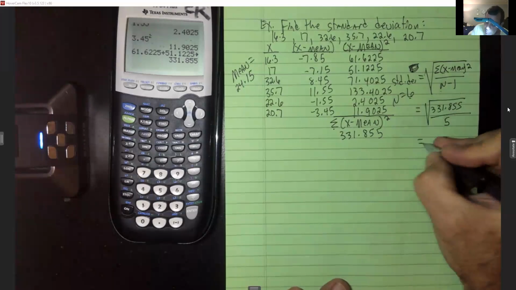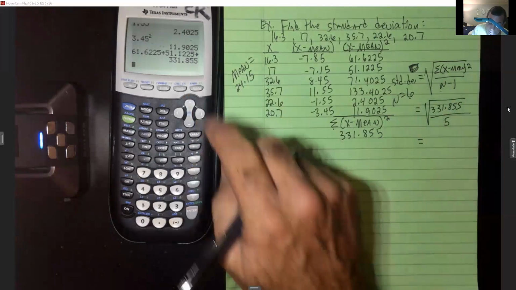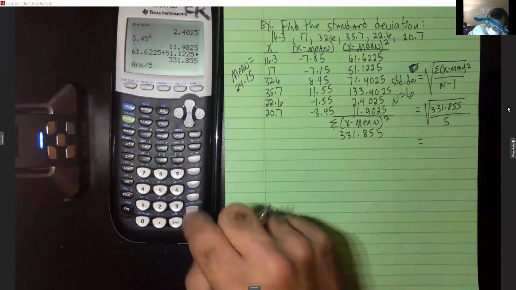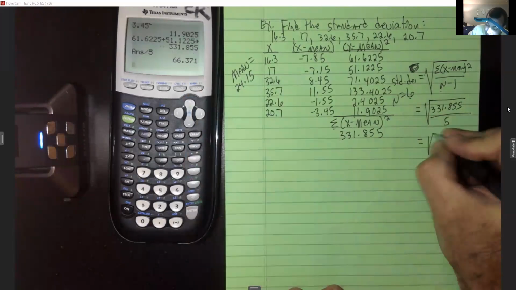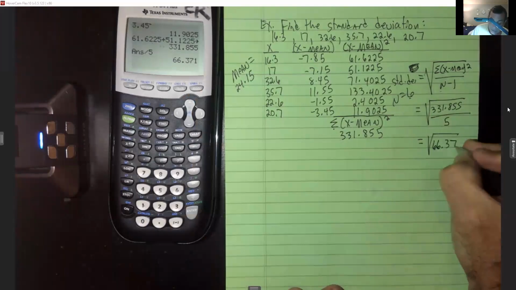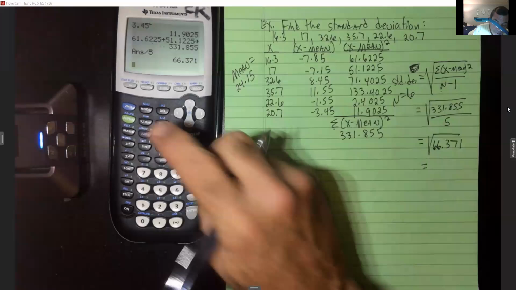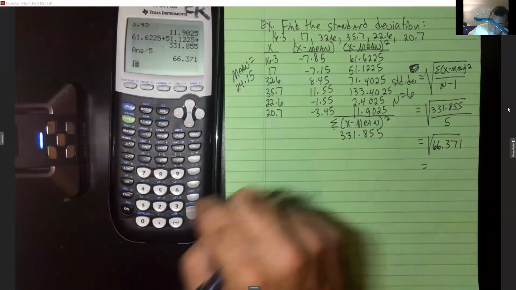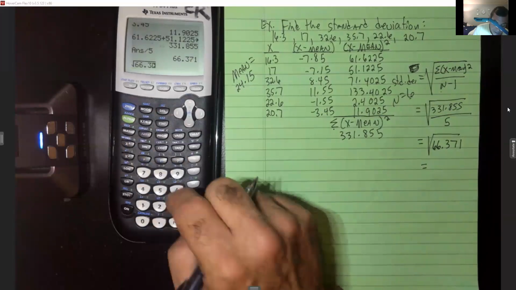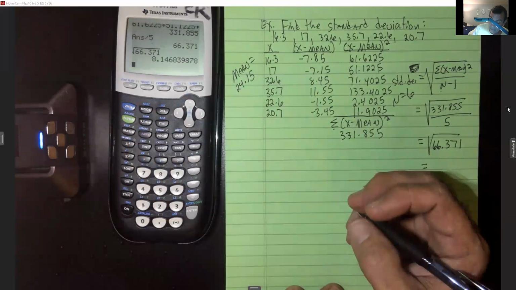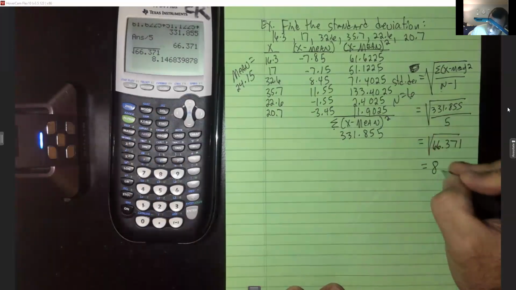So remember, first I want to take that 331.855 divided by 5, and that gives me 66.371 to take the square root of. So let's see, I use the square root function, and 66.371 goes underneath it. When I hit enter, I get 8 point something.